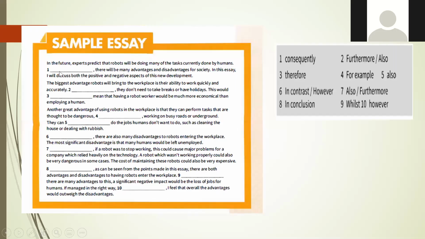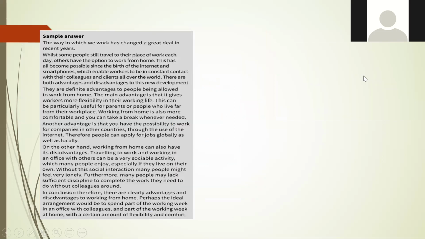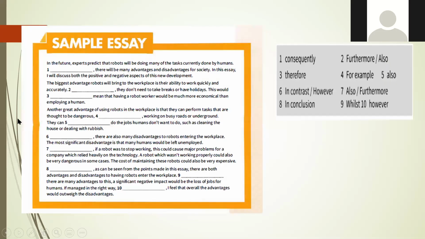Okay, so let's go through this essay and learn how it writes so we can learn better. So the biggest advantage robots will bring to the workplace is their ability to work quickly and accurately. Furthermore, or also, they don't need to take breaks or have holidays.